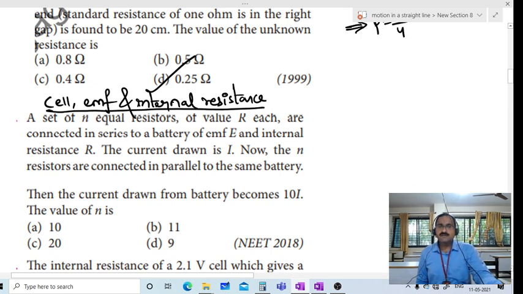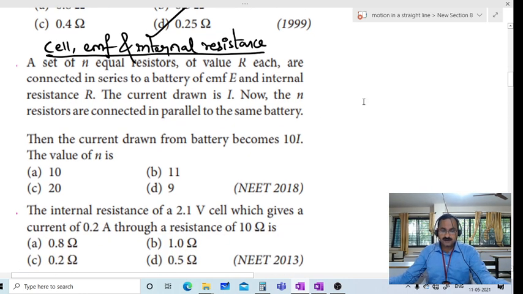A set of n equal resistors, of value R each, are connected in series to a battery of EMF E and internal resistance R. The current drawn is I. Now the n resistors are connected in parallel to the same battery.